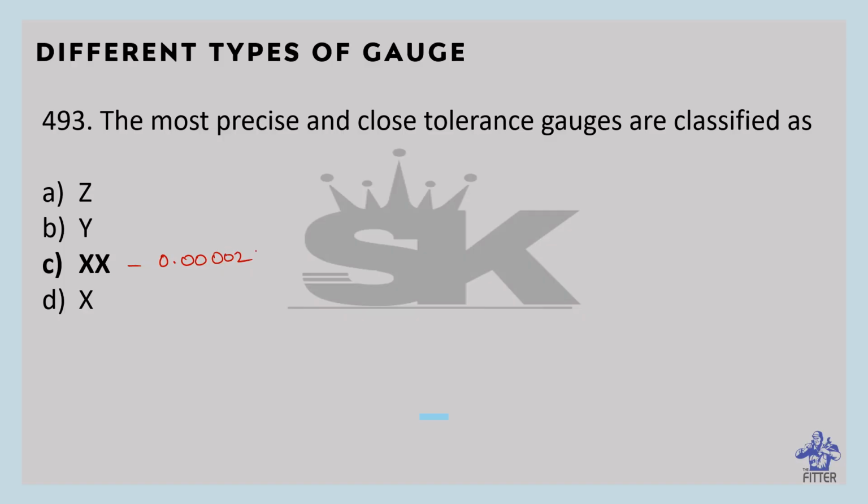X has 0.00004, and there is no Y. Z has a deviation of 0.0001. ZZ has an allowance deviation of 0.0002.